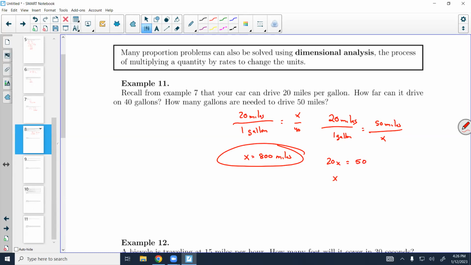Divide by 20 and we get 2.5 gallons. Any questions on those two? Please ask if you have questions. Still no. Okay.